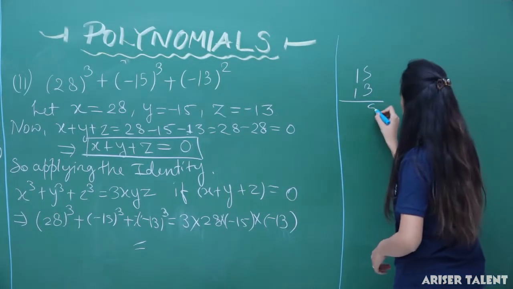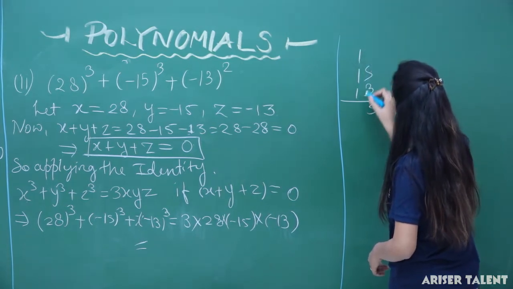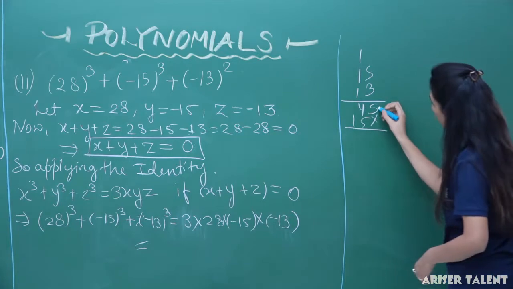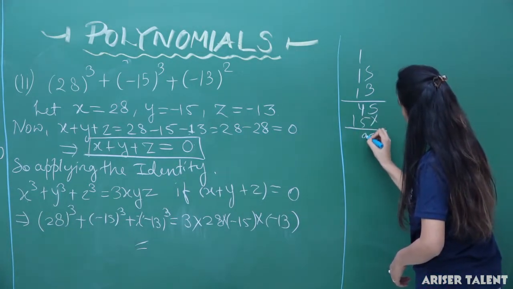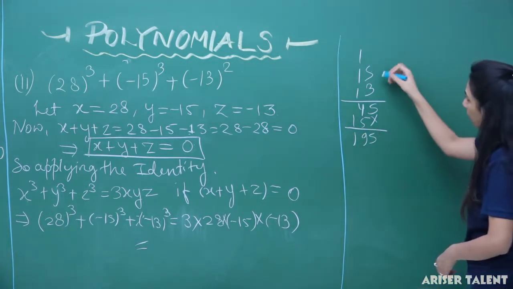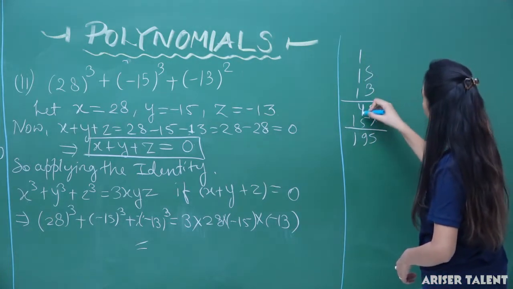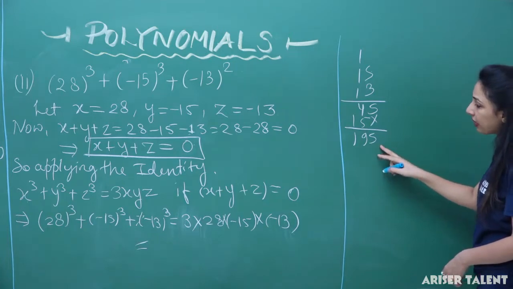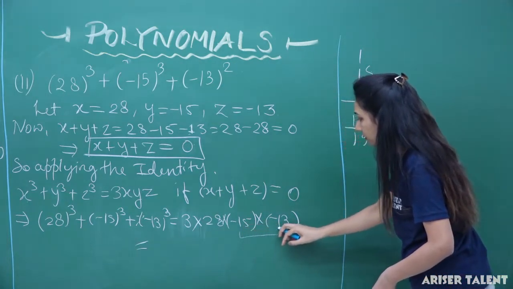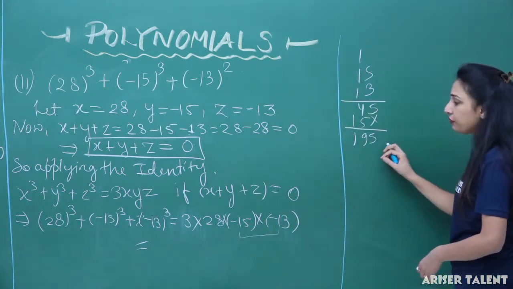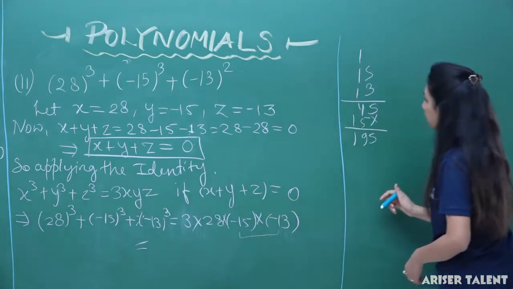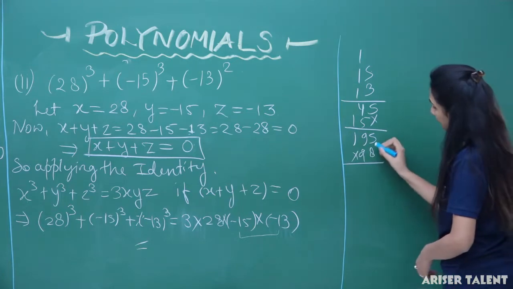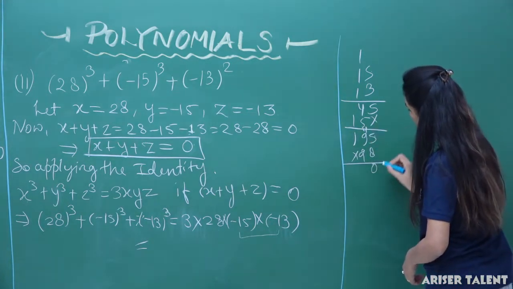So that will be 15 times 3, 45, 15 plus 45, 195. Now 195 is the multiplication of these two. 195 multiplied by this 28, right.